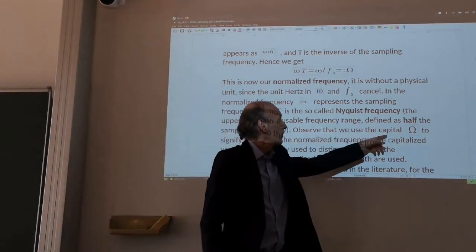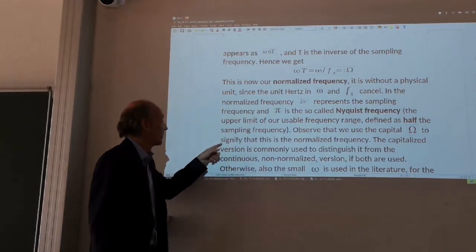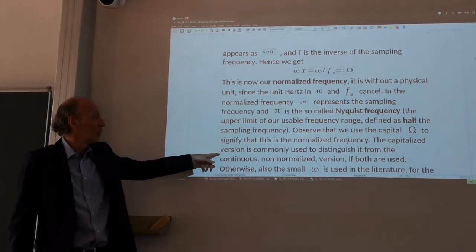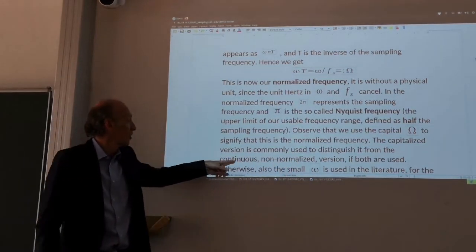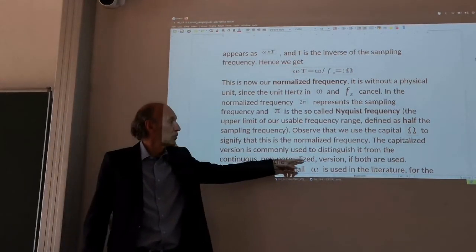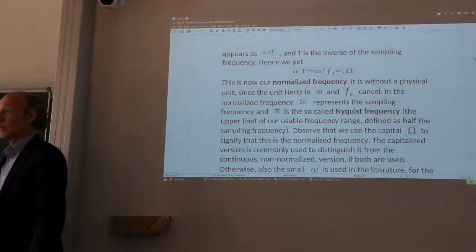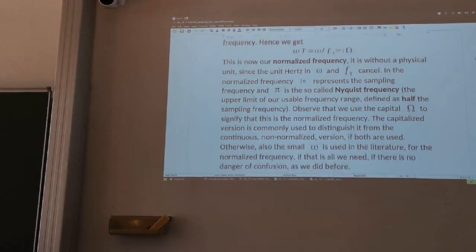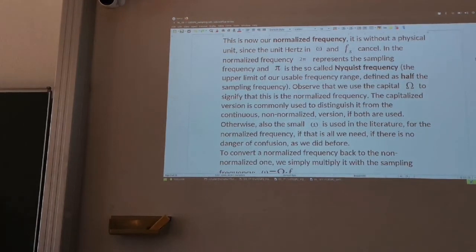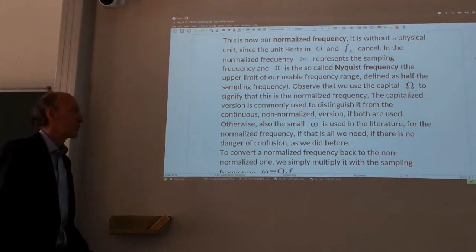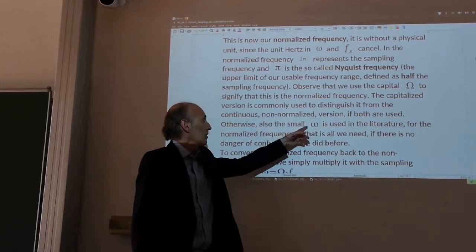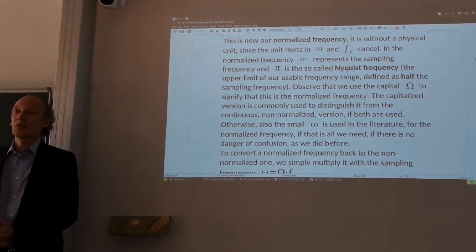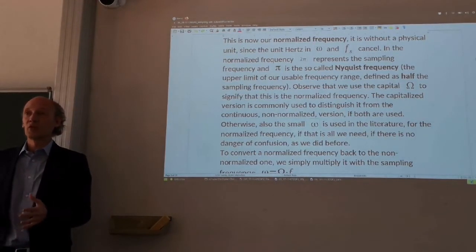Here we use the capital omega to signify that this is the normalized frequency. The capitalized version is commonly used to distinguish it from the continuous non-normalized version, if both are used. So in this case, I have lowercase and uppercase. But if you only talk about the normalized version, I will also use lowercase omega, and that's also common in literature.